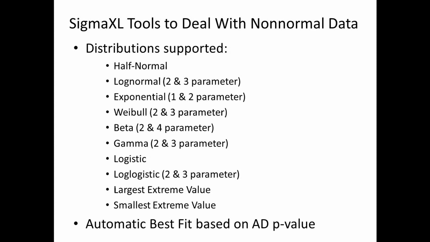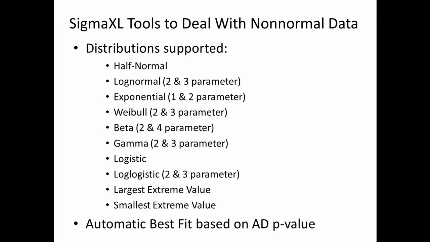So this is the distribution fitting. Distributions supported include the half normal, the log normal, the exponential, Weibull, beta, gamma, and so on. Reliability work is based on a Weibull distribution, lifetime data, whereas for the most part, you're not going to know whether you should use a gamma distribution or a log logistic distribution.